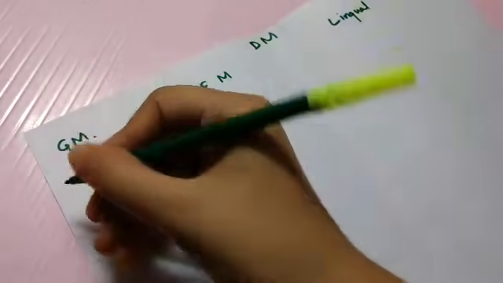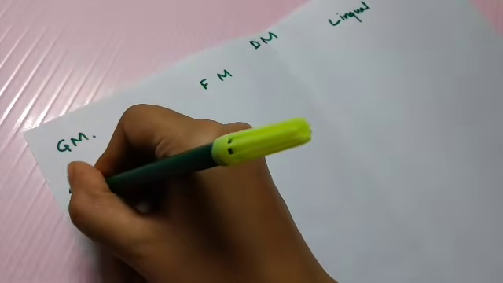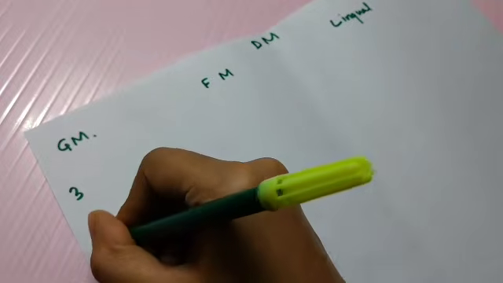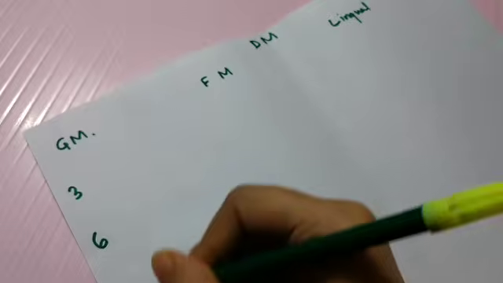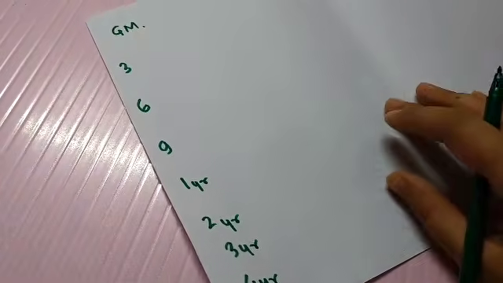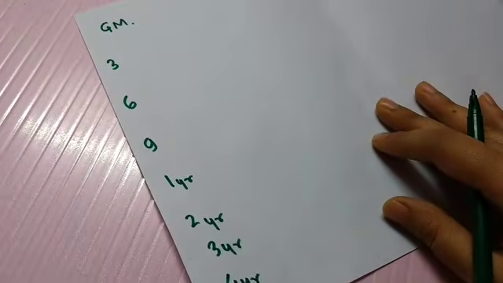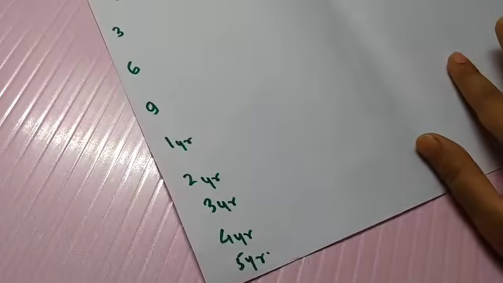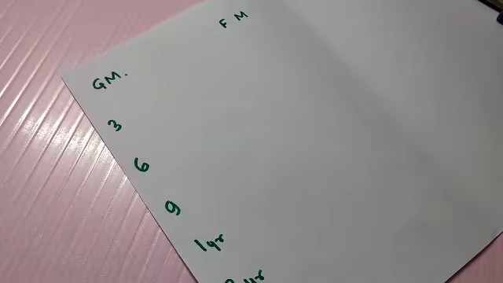We start the gross motor one with 3 months, then 6 months, 9 months, 1 year, 2 years, 3 years, 4 years, and 5 years. So this is for gross motor: 3, 6, 9, then 1, 2, 3, 4, 5.